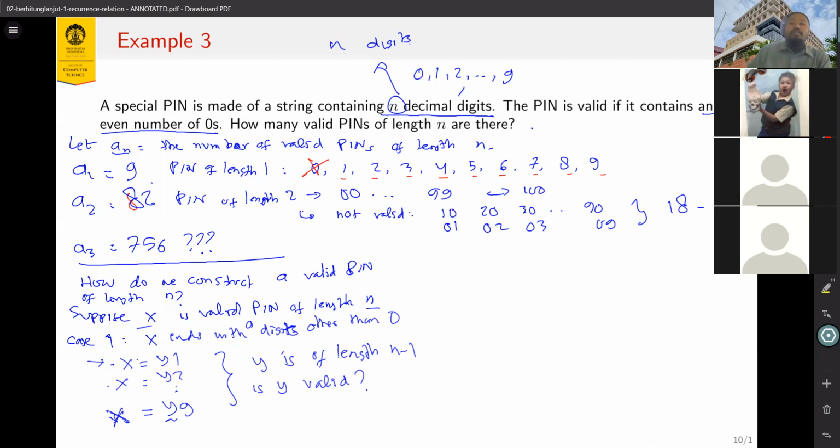Okay, let's give an example. Suppose I have this pin, blah blah blah blah, followed by 9. I know that the whole thing here is valid. Now, if I only take this part, is it also valid? Does it contain an even number of zeros?